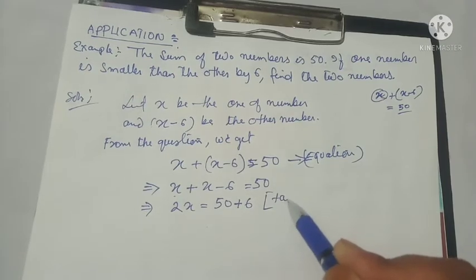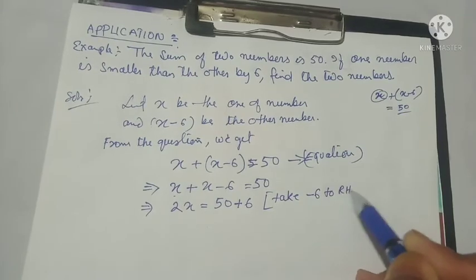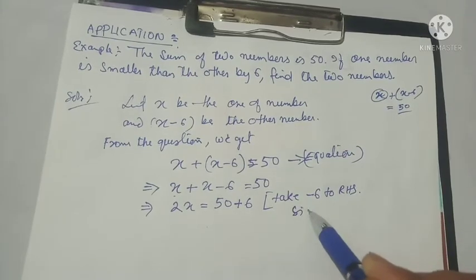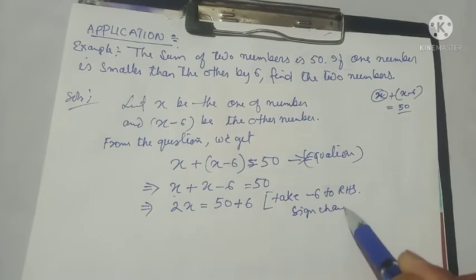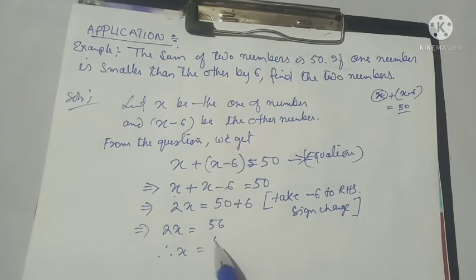Take minus 6 to the right hand side, sign change. Now 2x is equal to 56. We want to find the value of x equal to 56 by 2, your answer is 28. The value of x is 28.